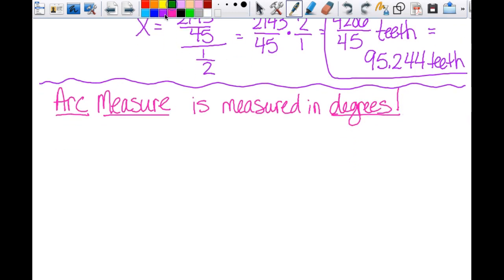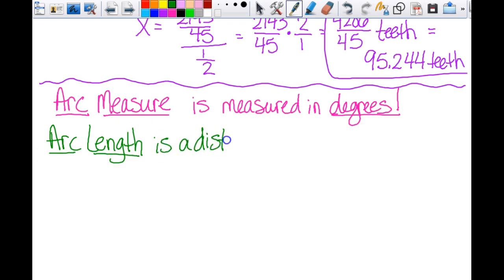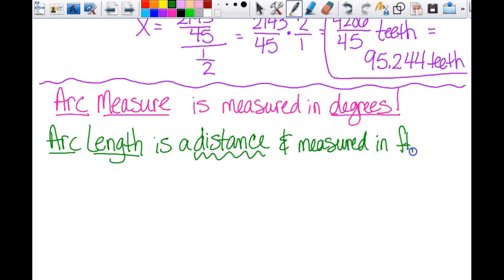And then I want you to write that arc length is a distance and measured in feet, inches, centimeters, etc. Yeah. Well, degrees are a unit too. So no.